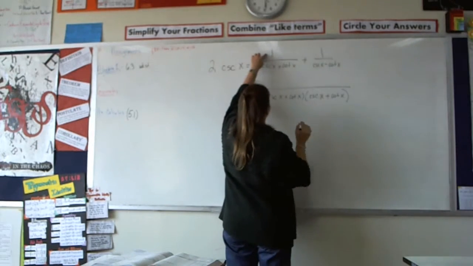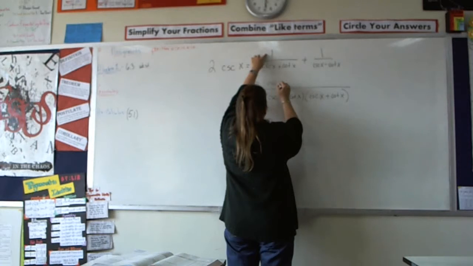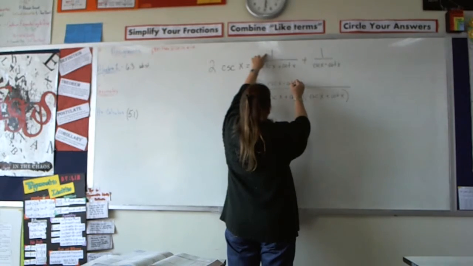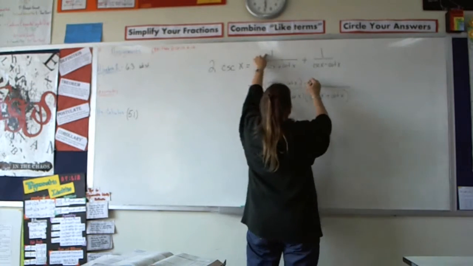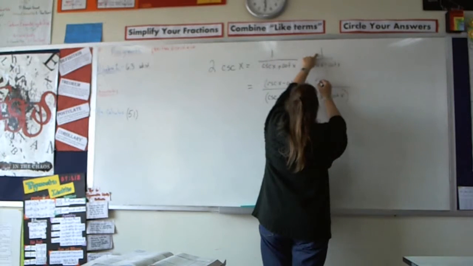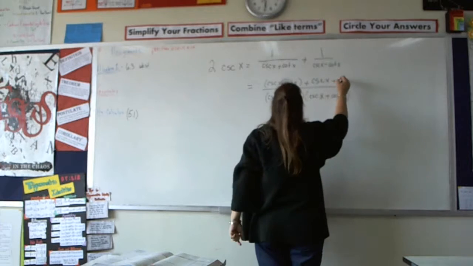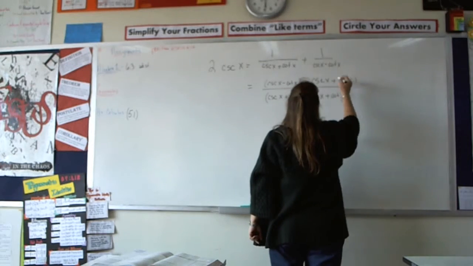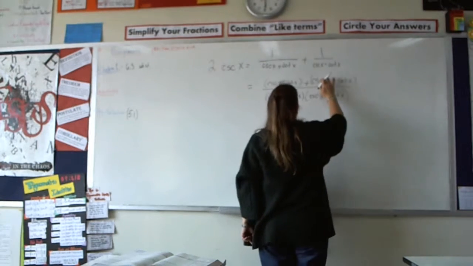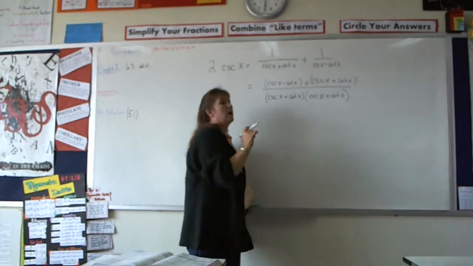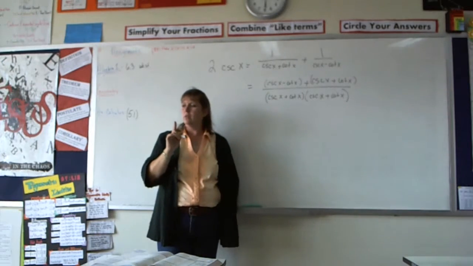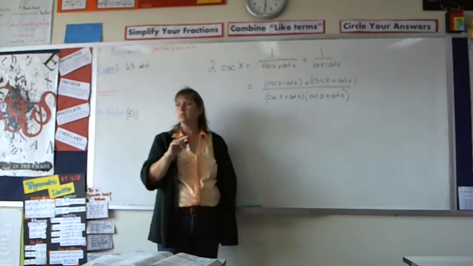So over here we need what? Cosecant x minus cotangent x. And then plus, what goes over here? Oops, cosecant x plus cotangent x. Get the idea? If I combine it into 1 fraction, got a common denominator.